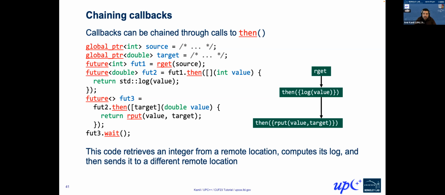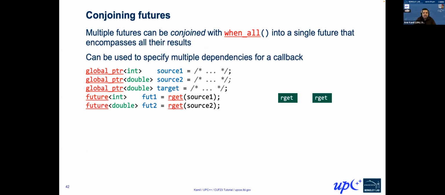All right, so what we're seeing here is a straight line chain of asynchronous work. We also can have directed acyclic graphs, or DAGs, using when_all. when_all is something provided by the UPC++ library, which allows us to combine the results from multiple operations. In this case, I've launched two rgets, scalar ones, so I get back futures that represent values.